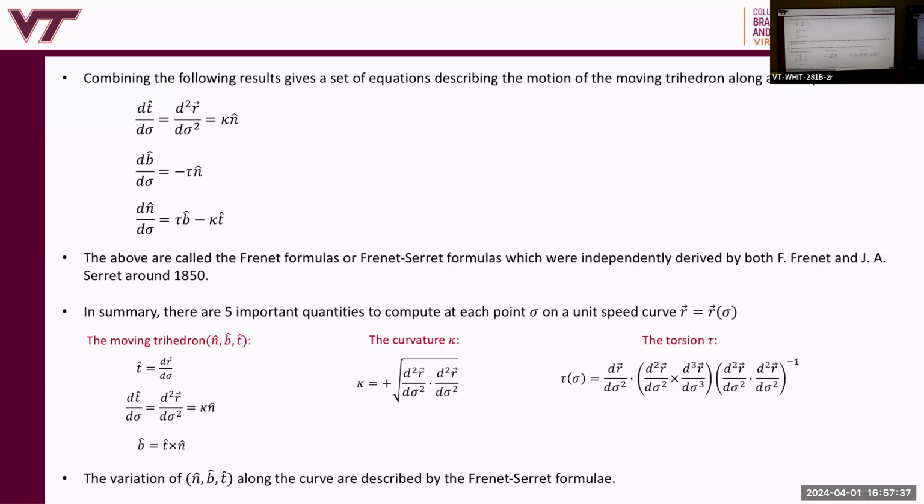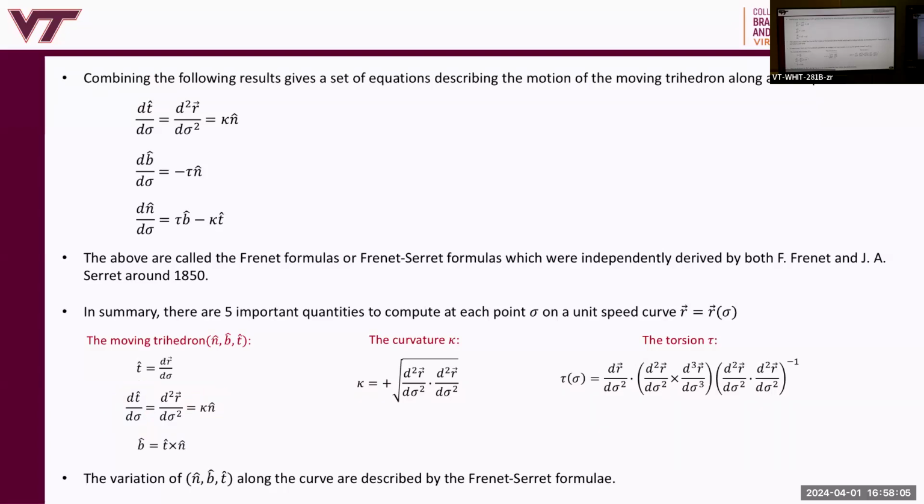That is the moving trihedron, n, b, and t. So here's how we calculate that. For any given curve that we have parameterized like this, we can calculate first the tangent vector by differentiating the position vector. Then we differentiate that tangent vector we just calculated, and that's equal to kappa times the normal.